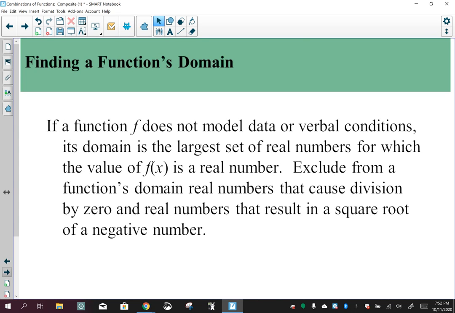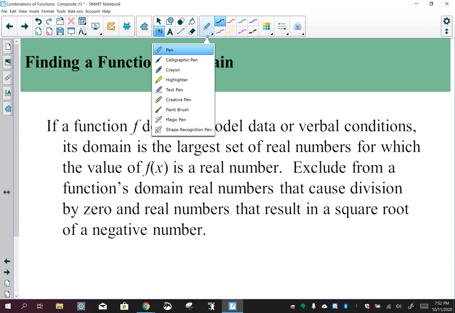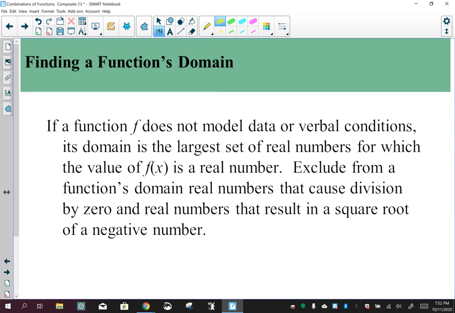So, finding a function's domain. If a function does not model data or verbal conditions, its domain is the largest set of real numbers for which the value of f of x is a real number.